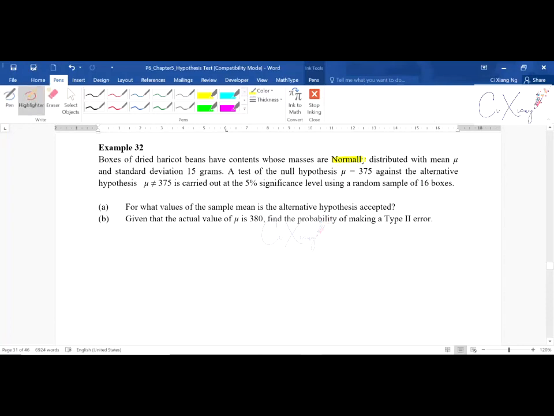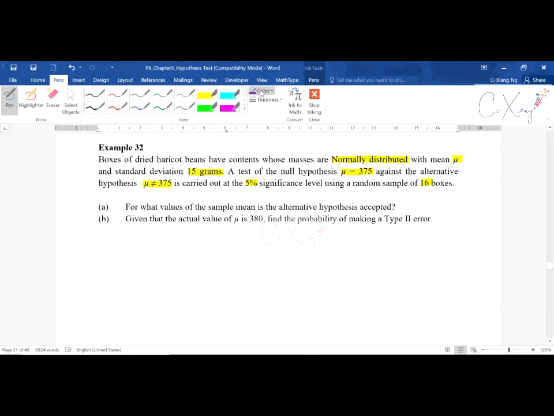Again, you see the keyword normally distributed, with the mean as mu, and the standard deviation is 15. So this is population variance known. The null hypothesis is this one, and the alternative hypothesis is this. At the 5% significance level, using a random sample of 16 boxes.